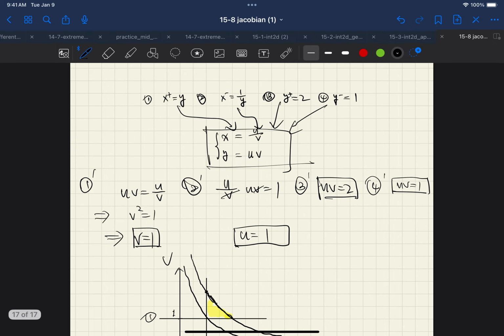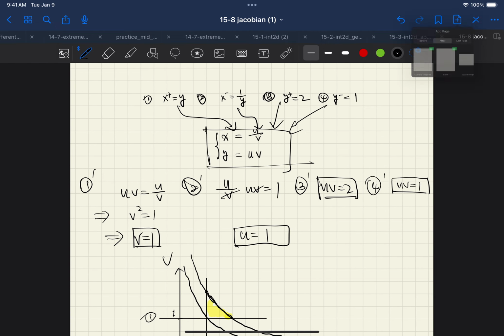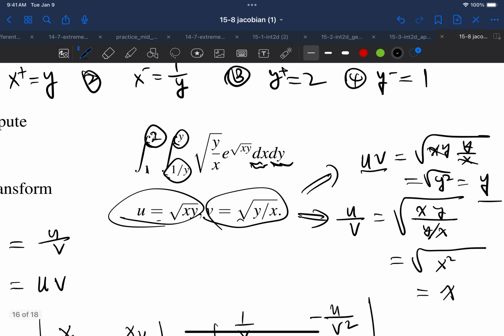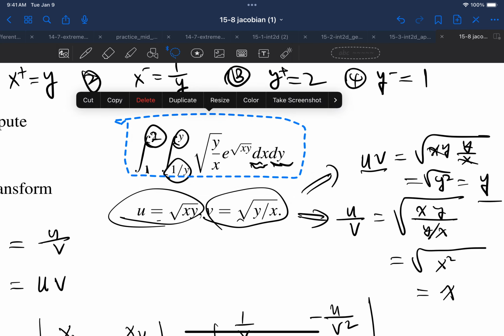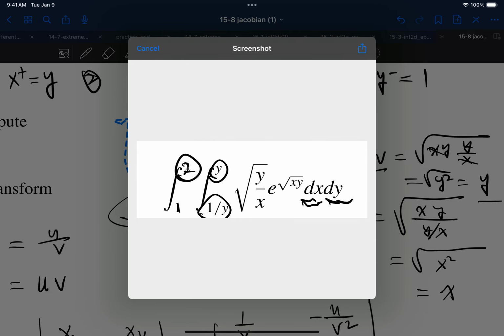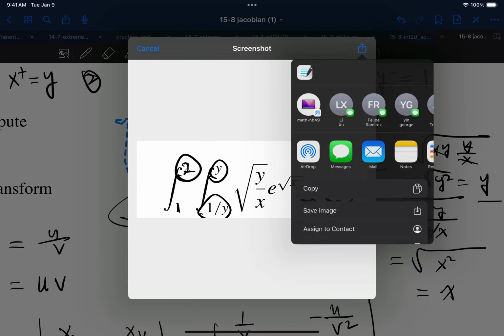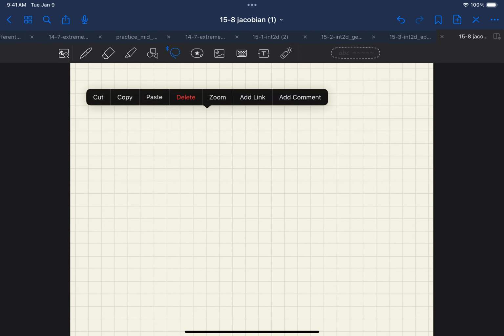So our information, if you collect, we have 2u over v as the Jacobian.